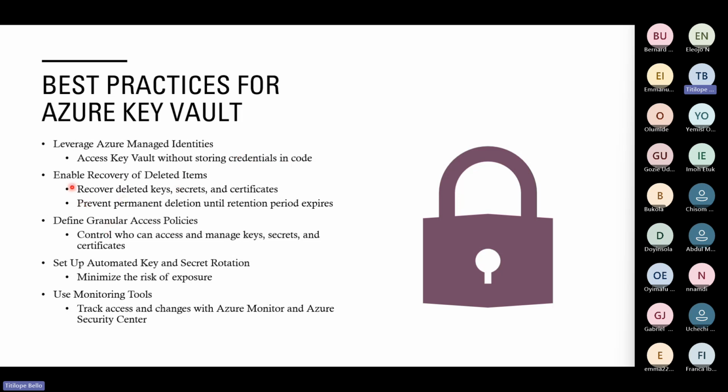Now, another best practice is to ensure that you enable what we call recovery for deleted items, right? So when you are creating your Key Vault, one of the things it's going to ask you is to set recovery for any item that is deleted. There can be a case of accidental deletion.